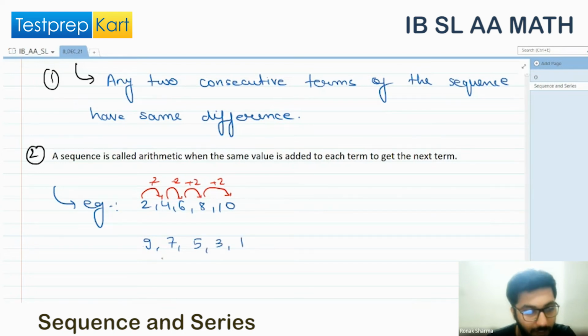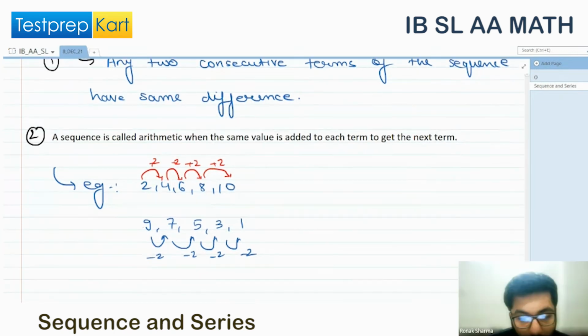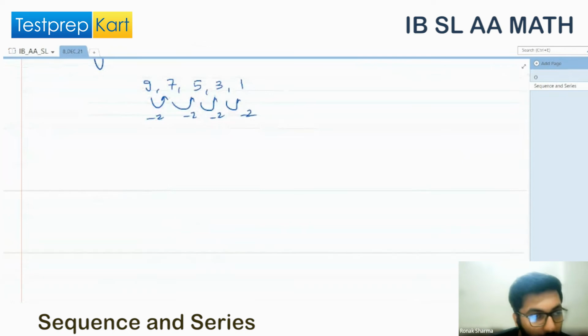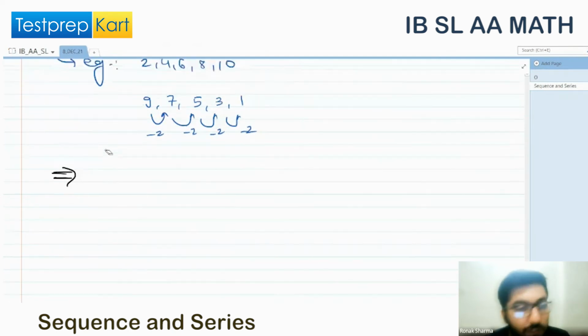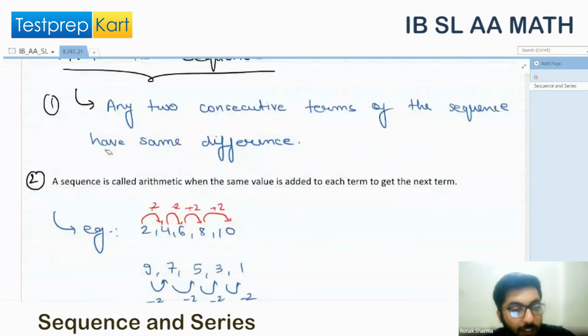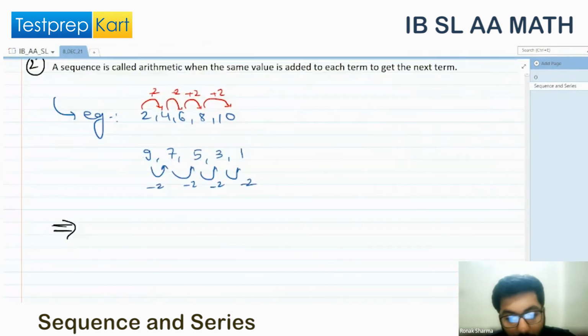So we are subtracting 2. That is the case. That difference, or basically what I said in the first definition, any two consecutive terms of the sequence have the same difference. So this difference is called the common difference.